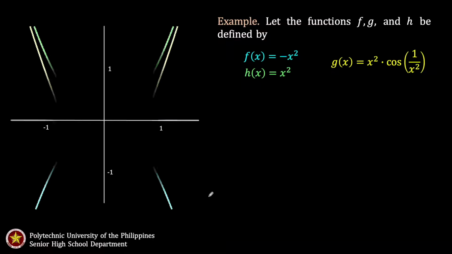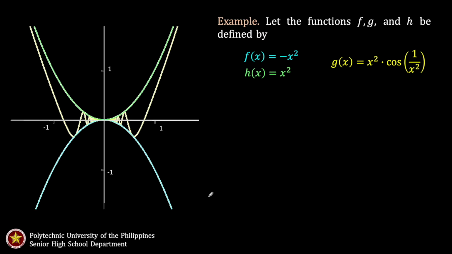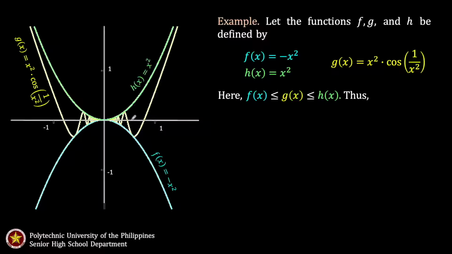Anyway, this will be the graph of these functions. We have h, the largest function, since this was located on the highest part of the Cartesian plane, while the blue parabola is located at the lowest part, and the middle function will be g. Now if we try to construct the inequality of these functions, we have g of x greater than or equal to f of x but less than or equal to h of x.